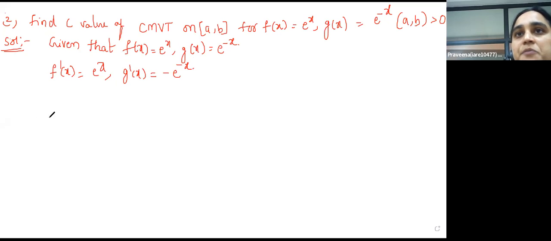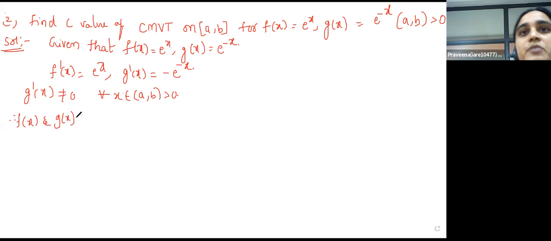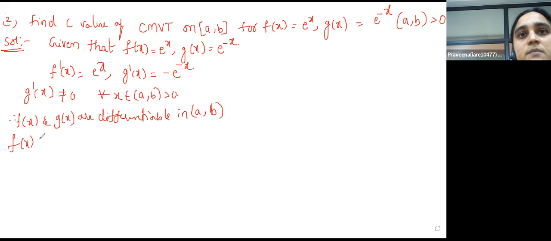Therefore, the two are differentiable and here g dash of x is also not equal to 0. It is proved that g dash of x is not equal to 0 for all x belonging to a, b, since a and b values are greater than 0 according to the question condition. Therefore, f of x and g of x are differentiable in the open interval a comma b and f of x and g of x are continuous.